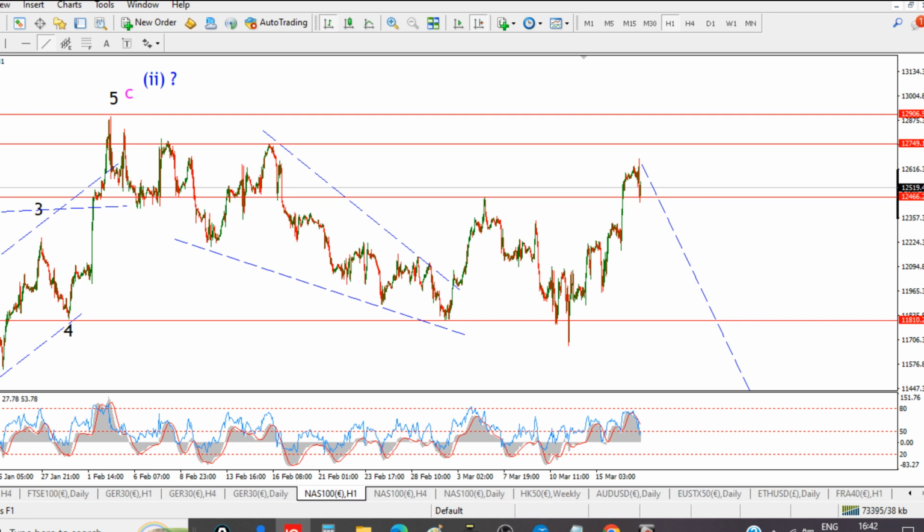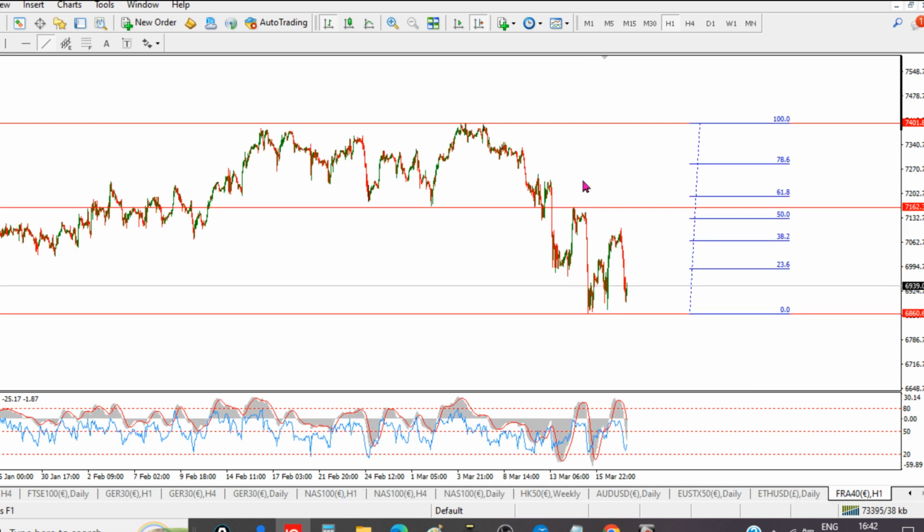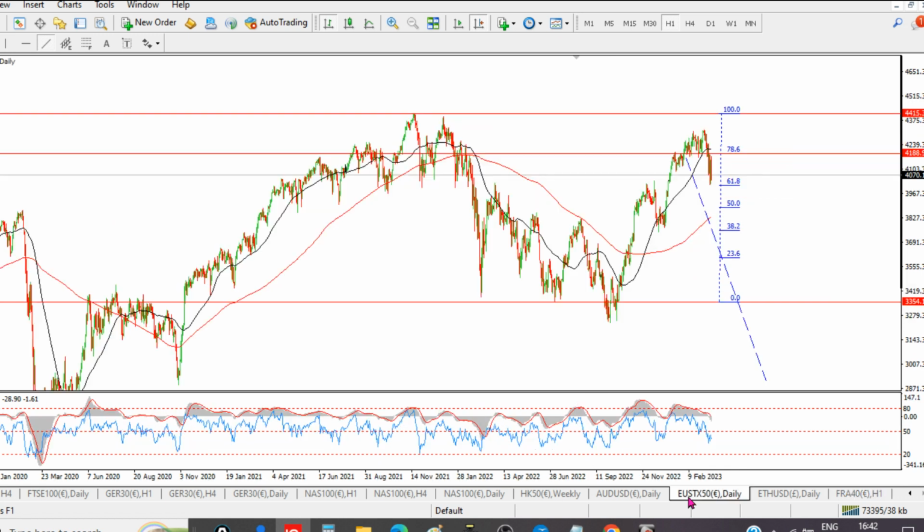Is there anything else I want to talk about? French market, it's pretty much following the wider market, stepping down into a third wave, I think, this week. Euro stocks topped out at a lower high this week and should turn down into a third wave pretty soon.